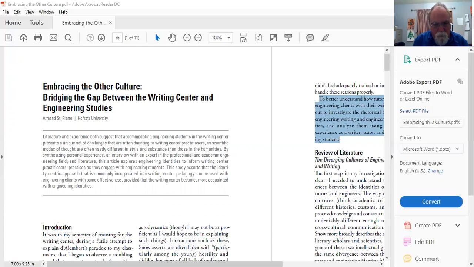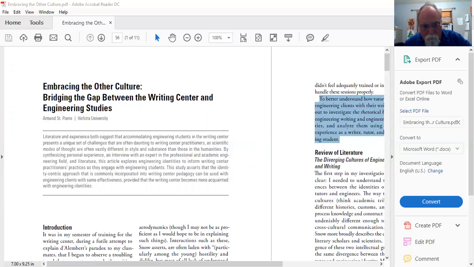He found that engineers and English majors don't understand each other very well, and that if students from both backgrounds attempt to learn each other's cultures, both would benefit. That's a summary of the main finding of the article as a whole.